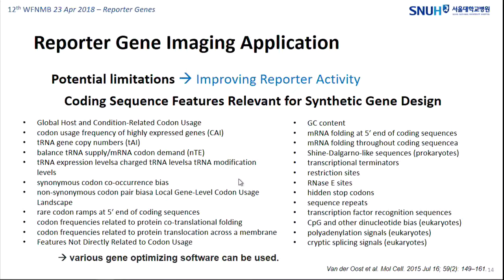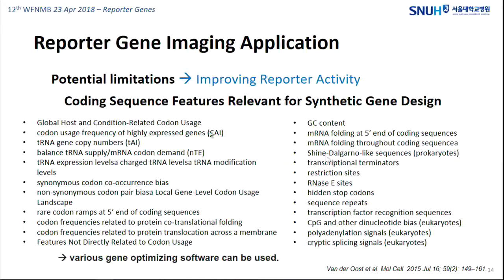So you can select what you have to consider, because there is some conflict between each factor. Tissue content is also important, and the tRNA gene copy number is important. When we think about these things, you can select them in the program. There are a lot of good programs like GeneOptimizer.